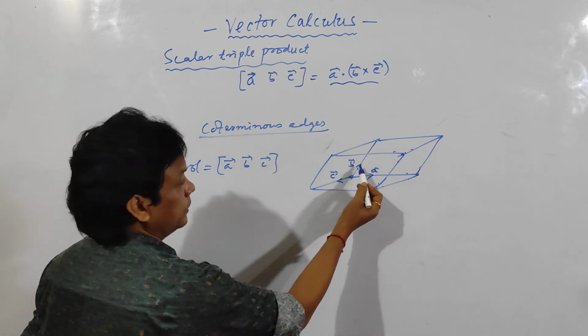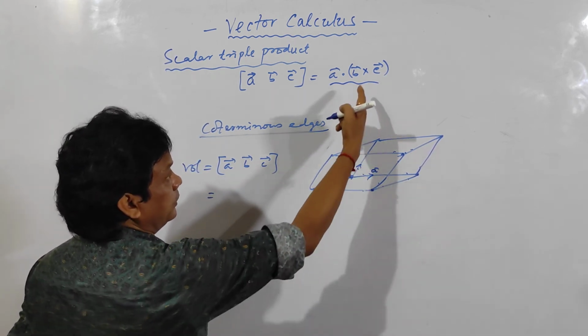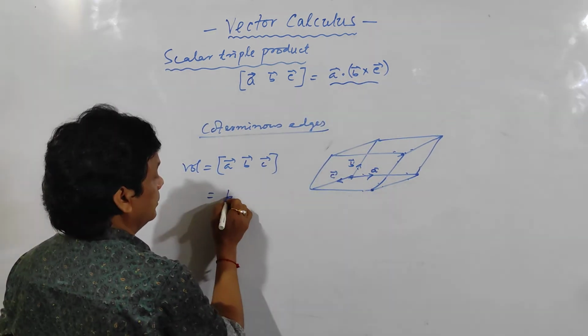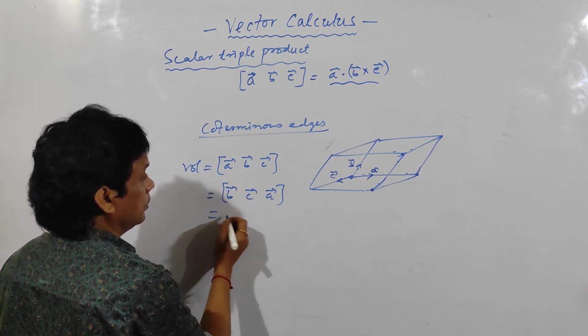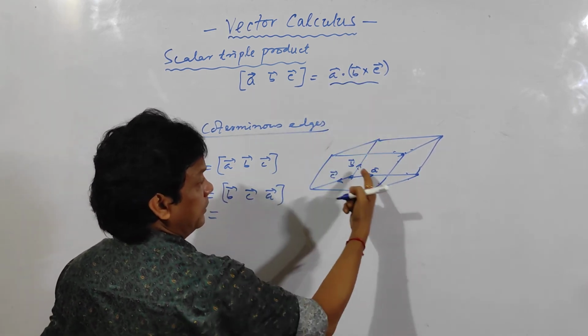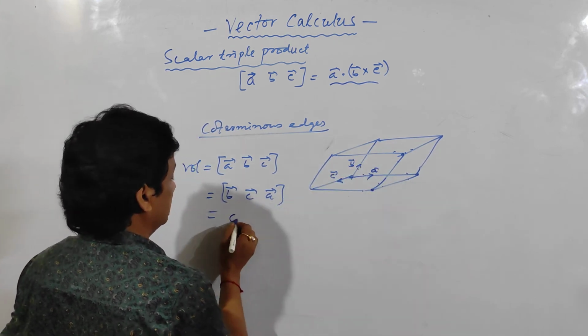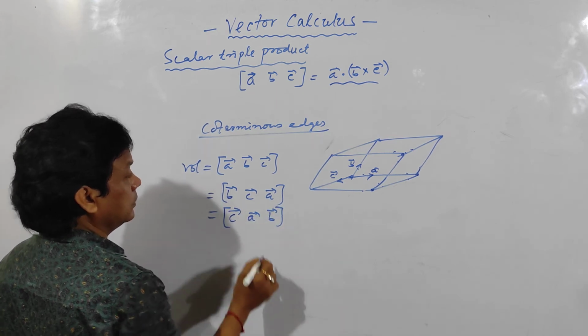So you can take this one A, this one B, this one C. That means cyclic order should be maintained due to presence of cross product. So you can write BCA, or due to cross product I am taking anticlockwise direction, or you can say CAB. Clear?